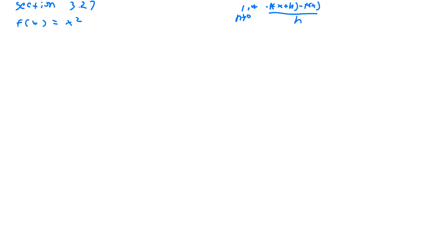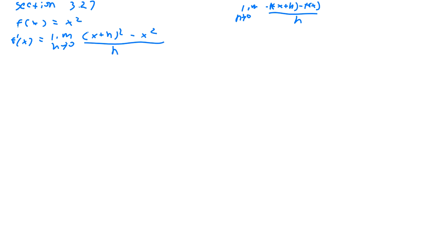Okay, so then f prime of x, our derivative here, is going to be the limit as h goes to 0 of, so now we're going to put in x plus h, whole thing squared, right? Because we're just plugging in x plus h for our x's. Then minus f of x, which is just x squared. Okay, then that's all going to be over h.